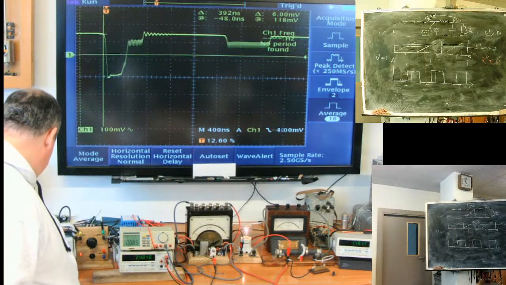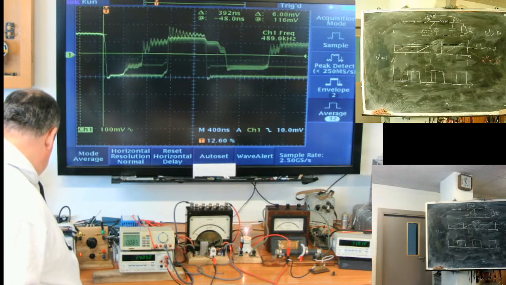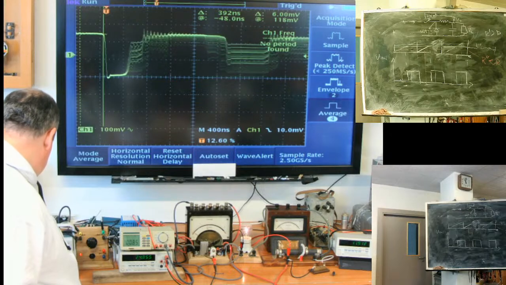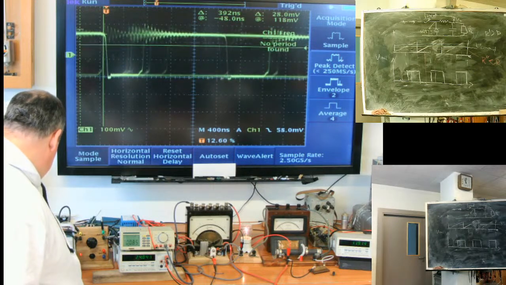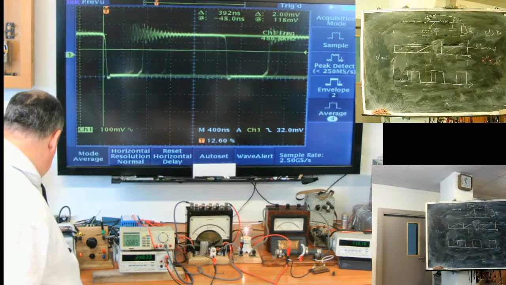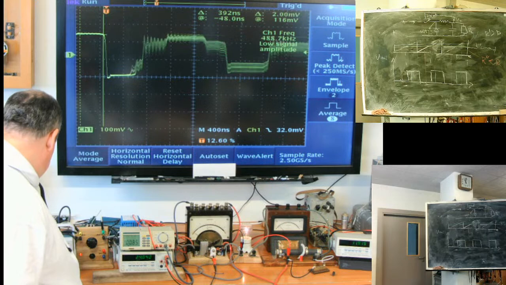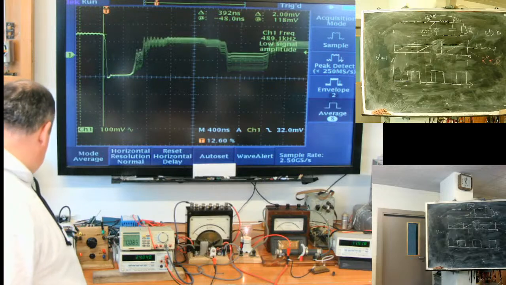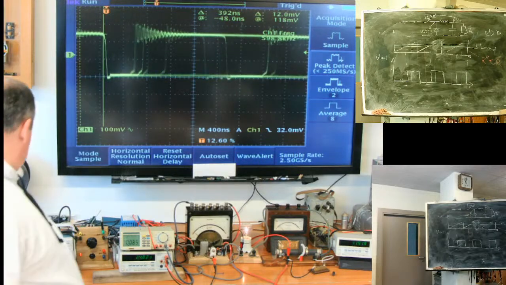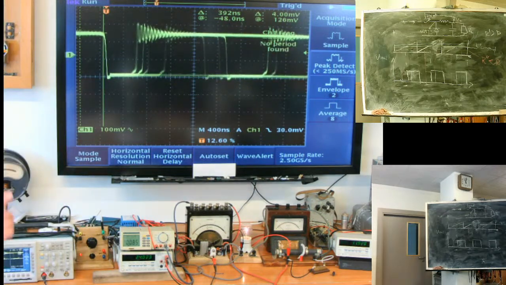Hey, come on, I want to freeze you. It's an average instant. It's like this. You can see the pulse width already changes. It's not an ideal converter.